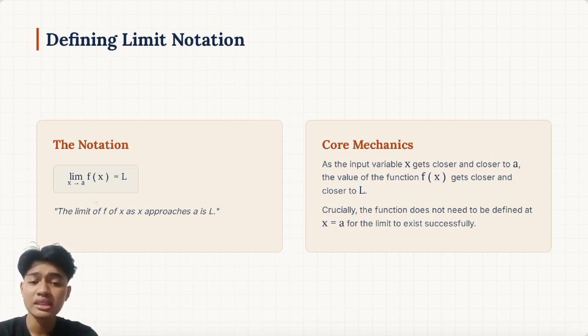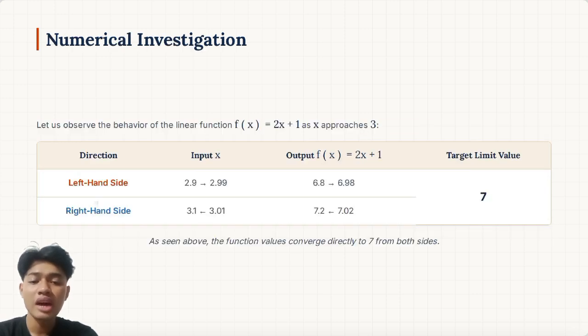Let's look at a simple example. Consider the function f of x equals 2 times x plus 1. What is the limit as x approaches 3? If we substitute numbers closer to 3, when x is equal to 2.9, the function is equal to 6.8. When x is 2.99, the function is 6.98.